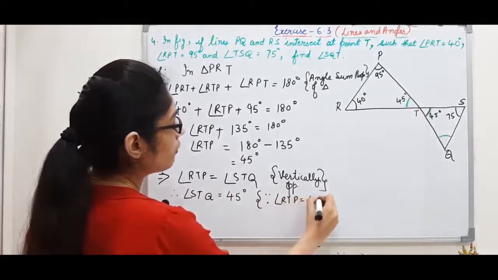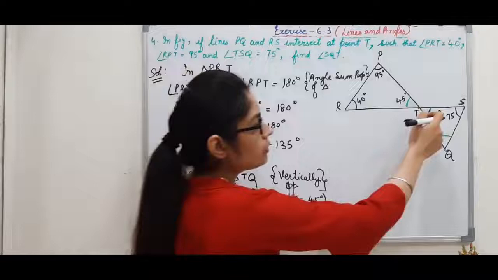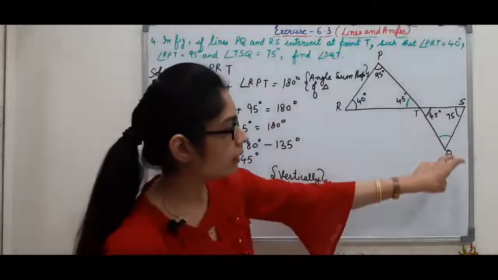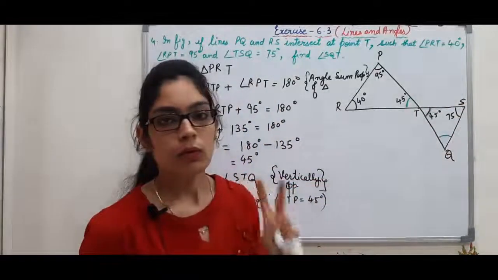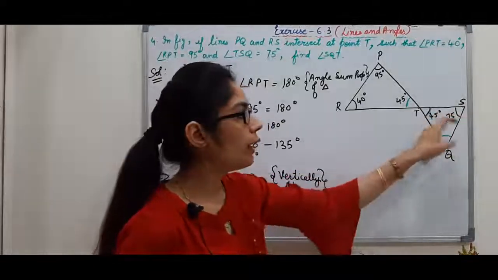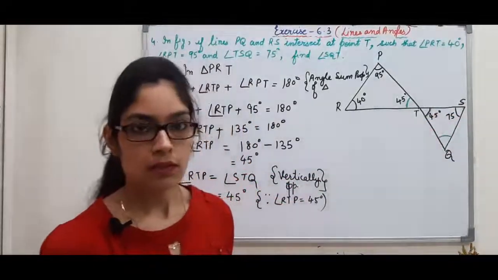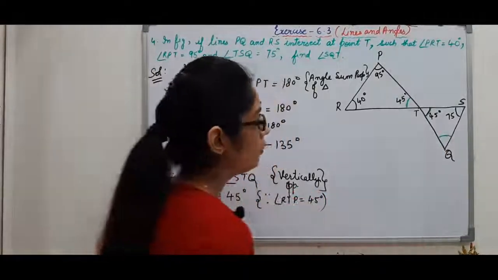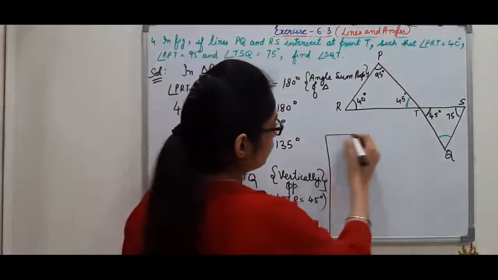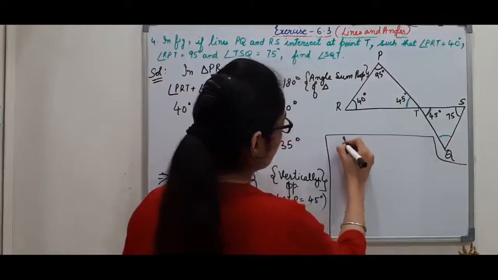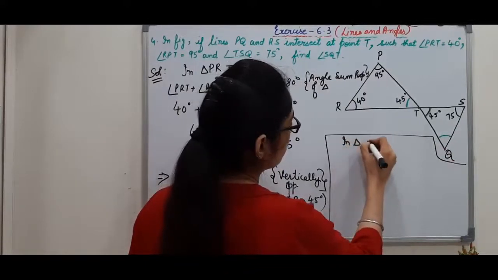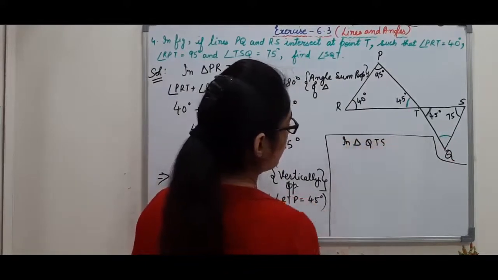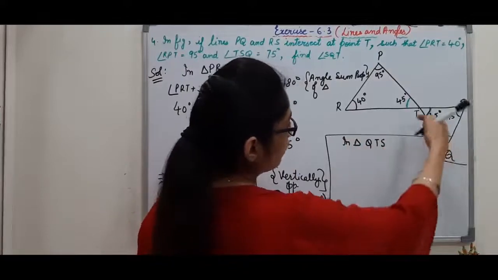Now in this triangle, because we need to find the value of this angle, we know the values of two angles within this triangle. So by using again the angle sum property of a triangle, we can find the value of this angle. So let's start. In triangle QTS, any name you can mention, QTS or TSQ.